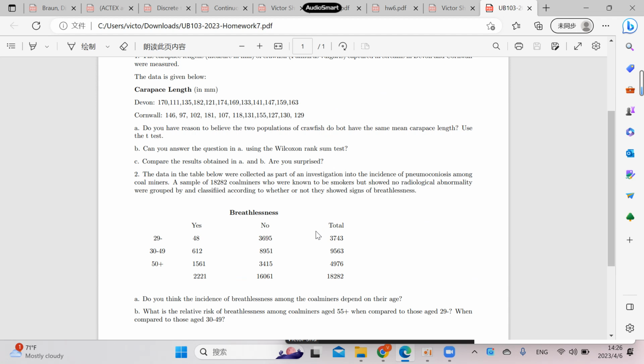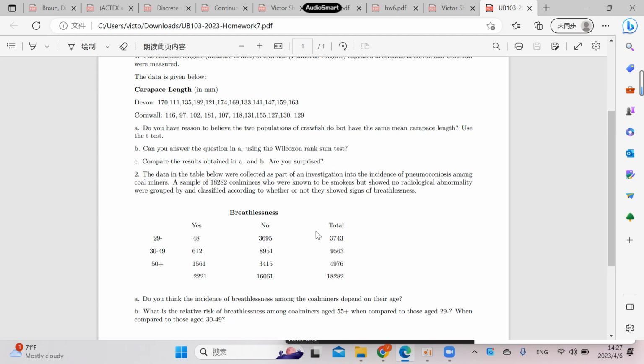So for question A, that's a pretty standardized two-sample t-test question. But here you're gonna notice, right? First you have, because you have Devon and Cornwall, you have like two sets of observations, and you're gonna determine if those two have the same mean, right?